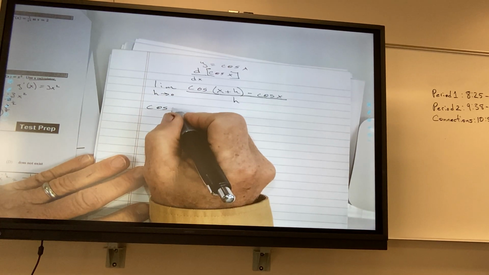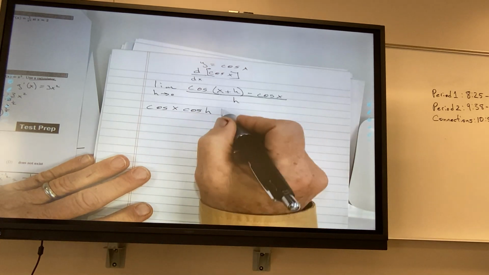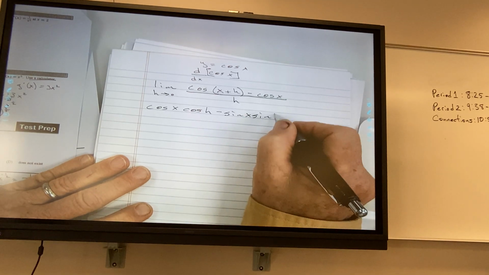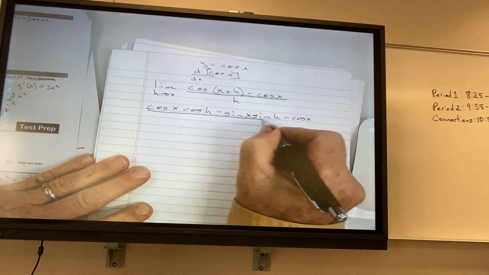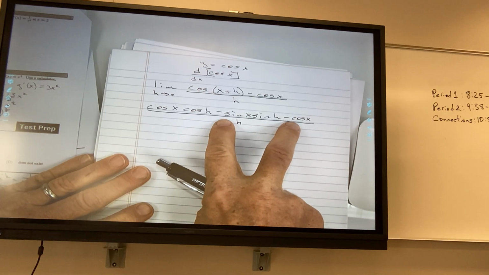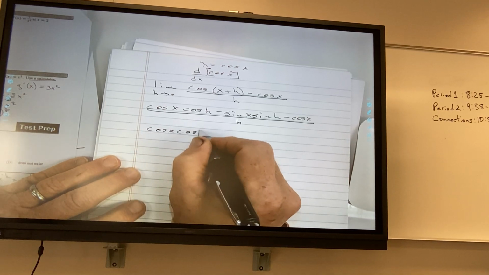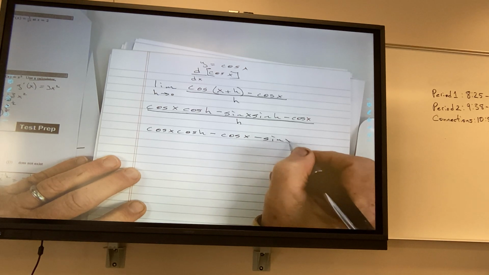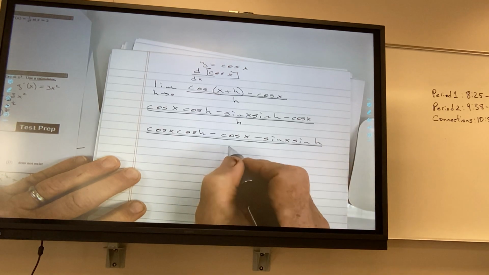I got the cosine of x times the cosine of h minus the sine of x times the sine of h, minus the cosine of x, over h. And I'm gonna flip these two around again. So I'm gonna have the cosine of x, cosine of h, minus the cosine of x, minus the sine of x, sine of h, over h.